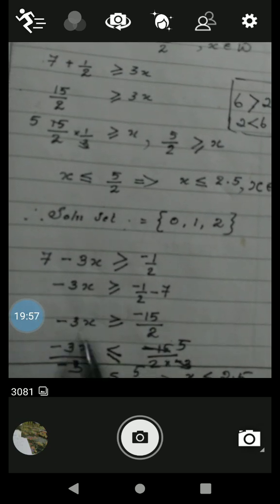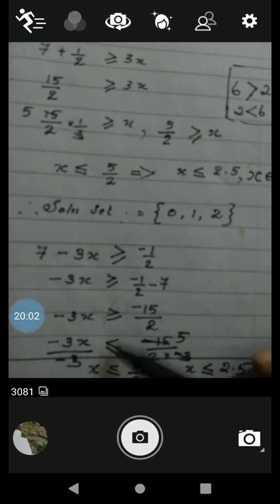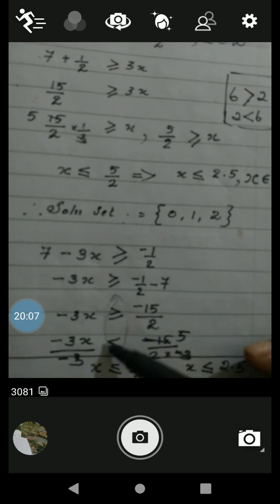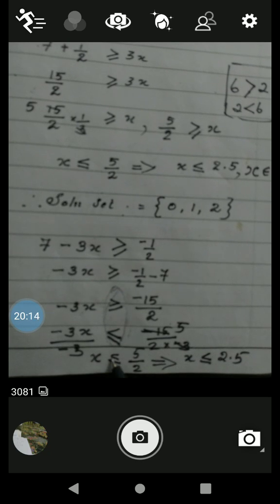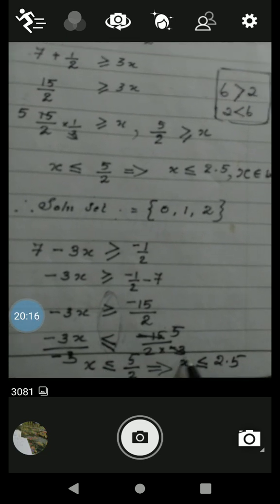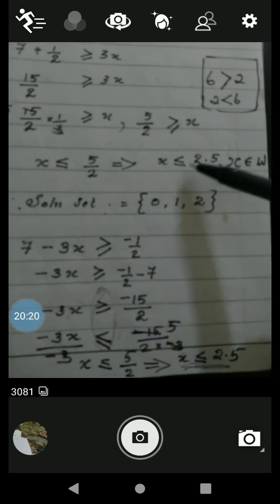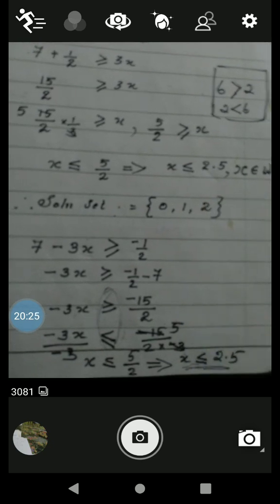Here we are dividing both sides by minus 3. At that time, by that rule, the inequality sign reverses. So we get x is less than or equal to 5 by 2. That is, x is less than or equal to 2.5. In both ways, we get the same result.